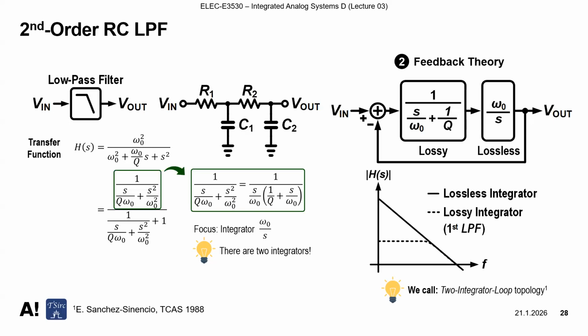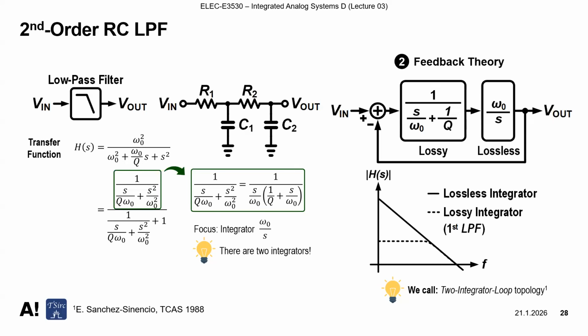Then, as we discussed in the last lecture, we call the first part a lossy integrator, and the second part a lossless integrator. The lossless integrator is the form of the ideal integrator. As we take s equal to 0, its transfer function goes to infinity. That's the ideal integrator, and we call it a lossless integrator.